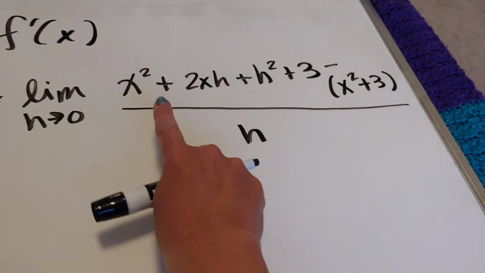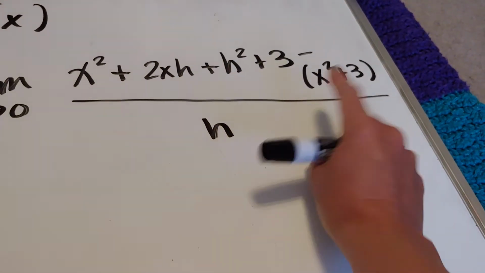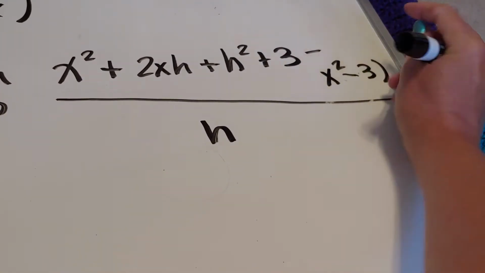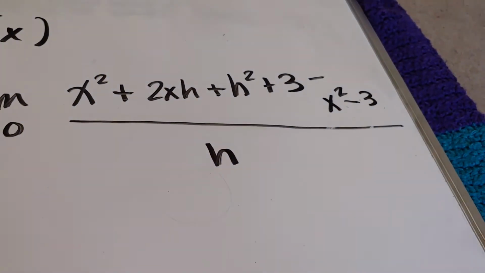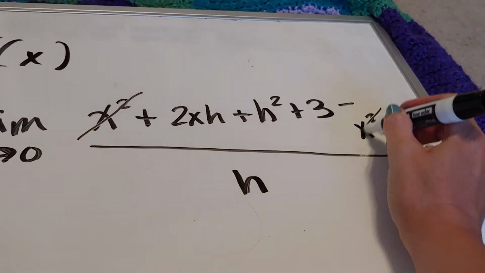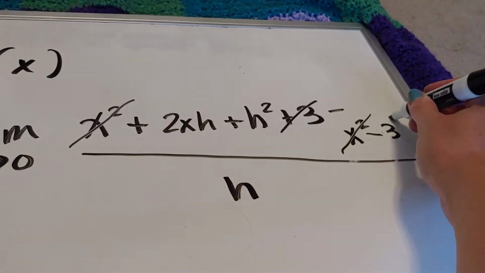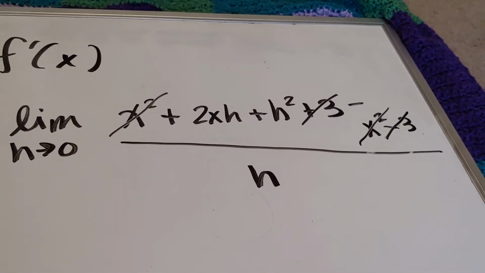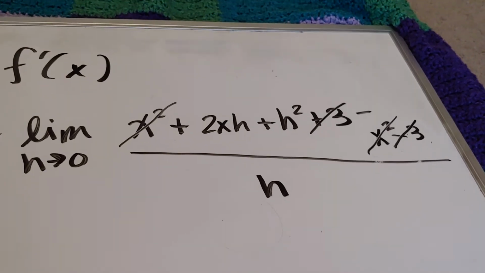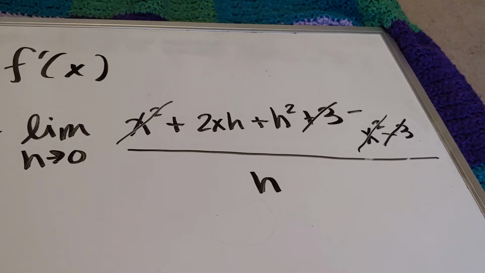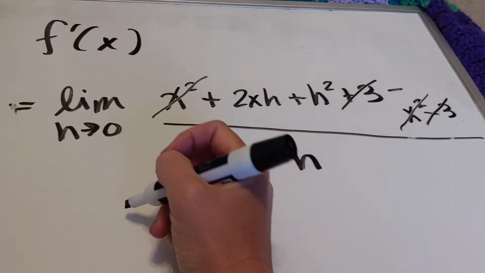So what I'm saying is, if you'll notice, when I distribute that negative through, I get a negative x squared and a minus 3. You guys catching that? All right, cool. Notice what happens. x squared minus x squared. 3 minus 3. So what happens at this step always is that everything without an h goes away. If you have a survivor that doesn't have an h, you've screwed up, guys.